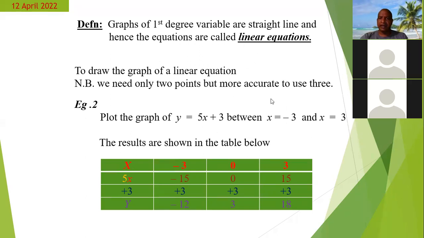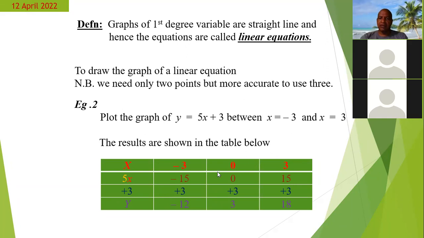They are known as linear equations. And it means that it gives you a straight line. So if you are going to draw a straight line, you really don't need all the points. So you really only need at least 2 points. But to be a little bit more accurate, we can have 3 points.